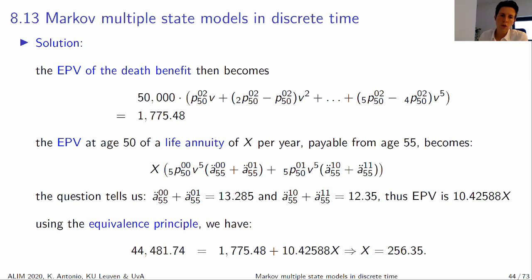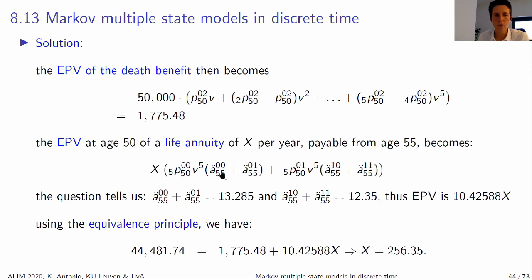So that's why you got here the probability, v to the power 5, and multiplied then with the probability that in 5 years from now, our policyholder, age 50, will be in state 0. So this is the probability that in 5 years from now, I will be in state 0, and my life annuity will then kick in, right?